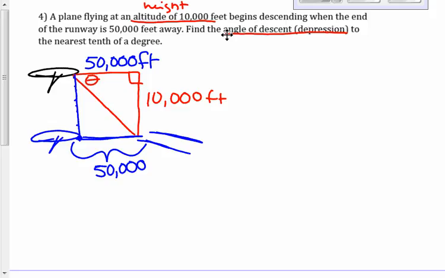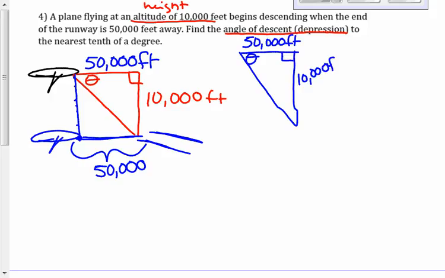So looking at our triangle there, we need our angle of depression. There's our 90 degree. 50,000 feet is at the top on the horizontal, and we know 10,000 feet is our vertical. So we're standing at the angle of depression, sorry, not the 90 degree. Across from our 90 is our hypotenuse.